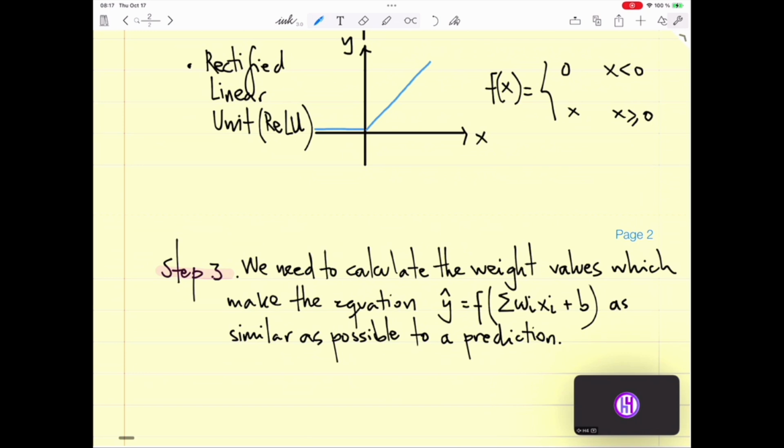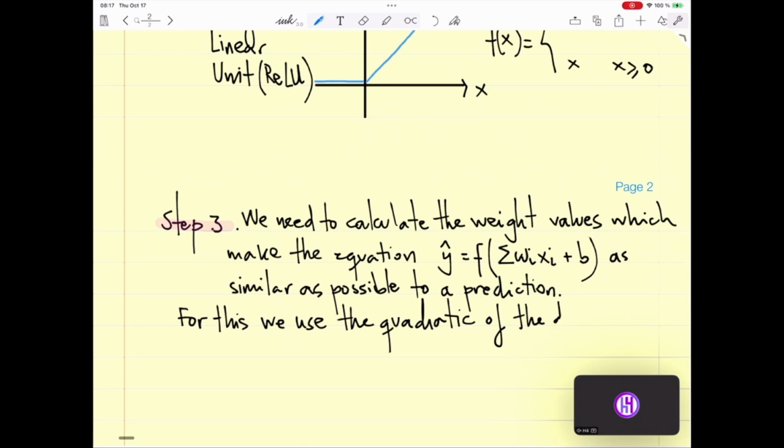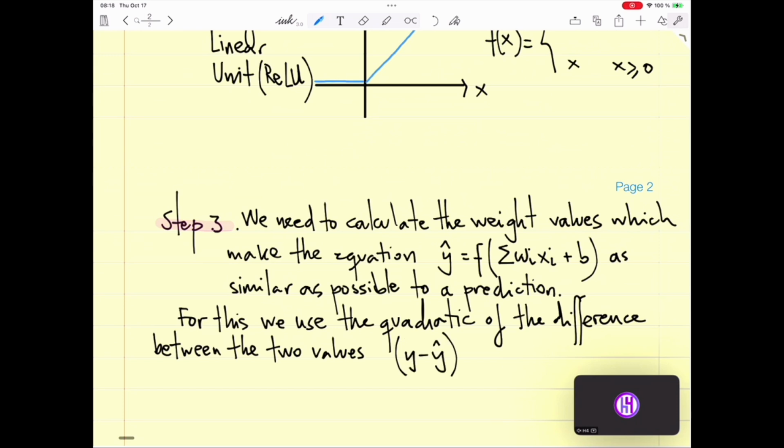For this, we use the quadratic of the difference between the two values, y minus y with a hat, which is the error.